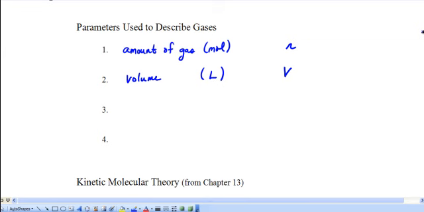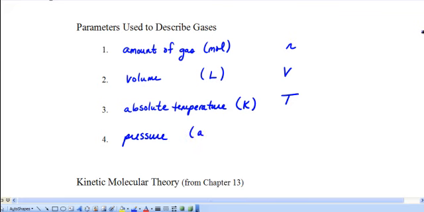We need to know the absolute temperature, and that will be measured in kelvins, K. When we're using temperature in the gas laws, we'll be using a capital T to denote that temperature. And finally, we need to understand pressure.